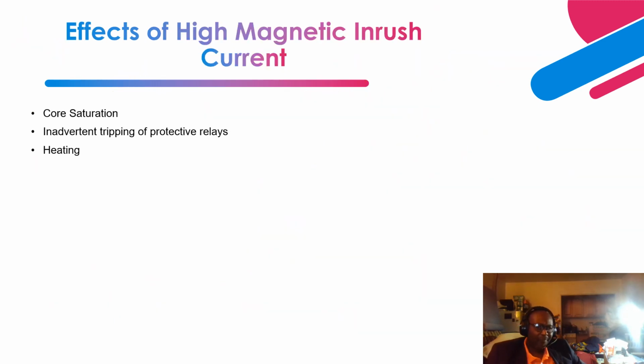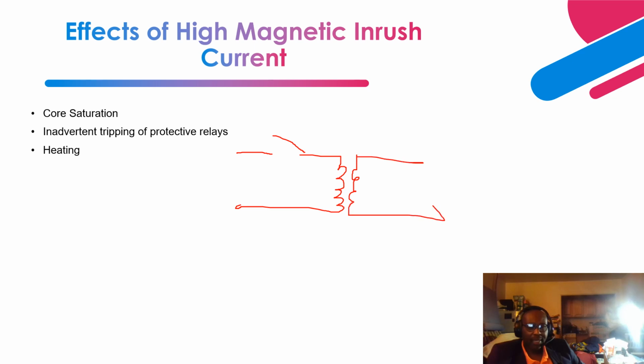Now let's talk about the effect of high magnetic inrush current. You have a transformer, and you have a circuit breaker right here. You have a winding right here, and another winding here, and this is the core.